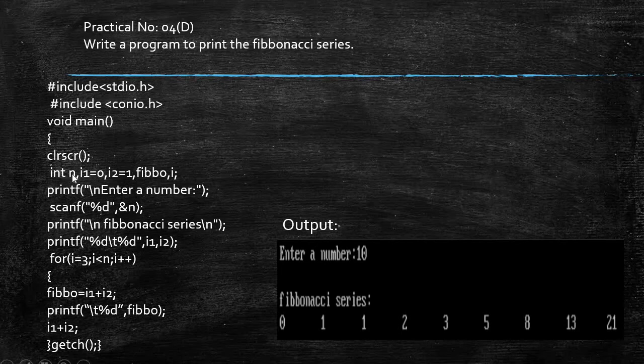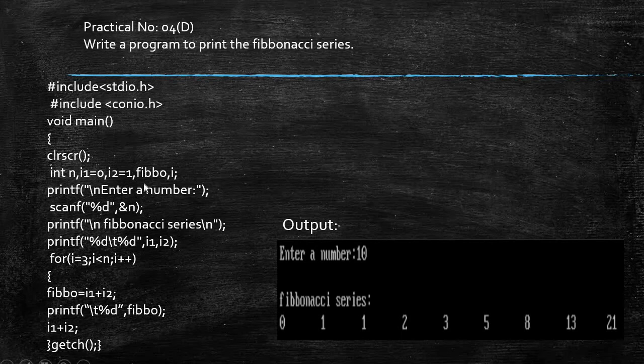Now let's see the program. Over here we are introducing the variables n, i1, i2, fibonacci as well as i. So these are the variables which we have initialized over here. Through the n variable, the user is entering the number. Now over here, we want to find out the Fibonacci series.